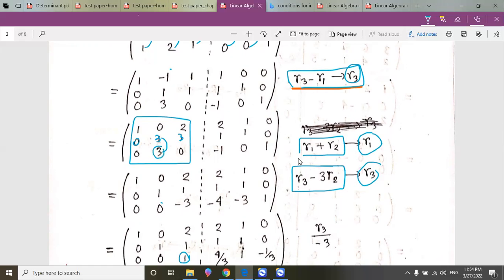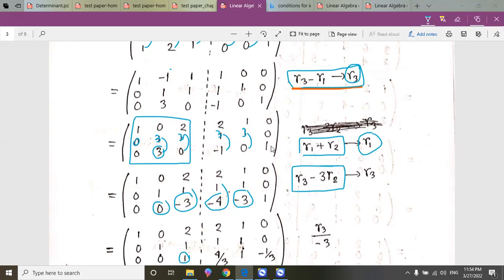That means we write down the result in the third row. So 3 minus 3, that is going to be 0. And 0 minus 3, that is going to be minus 3. Minus 1, minus 3, minus 4. And 0 minus 3, that will be minus 3.